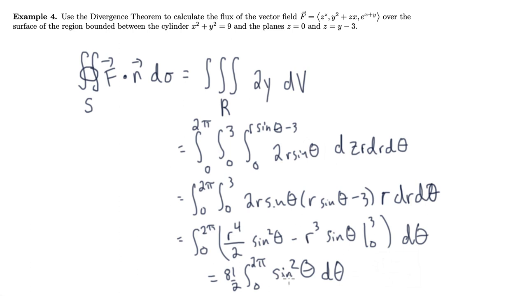So we can use the power-reducing trig identity and make sine squared equal to 1 minus cosine 2 theta over 2. And when we evaluate that from 0 to 2 pi, we just get pi. So the final answer is 81 pi divided by 2. And so that's the flux through this cylindrical surface. And we found it by converting the surface integral to a triple integral using the divergence theorem.